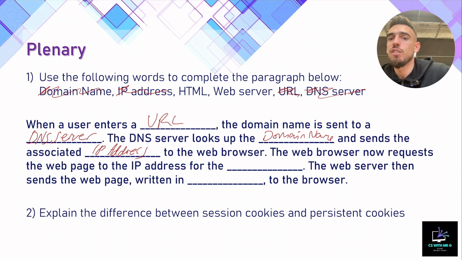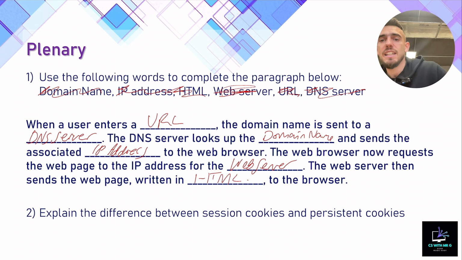The web browser now requests the web page to the IP address for the web server. The web server then sends the web page written in HTML to the browser. Nice and simple.